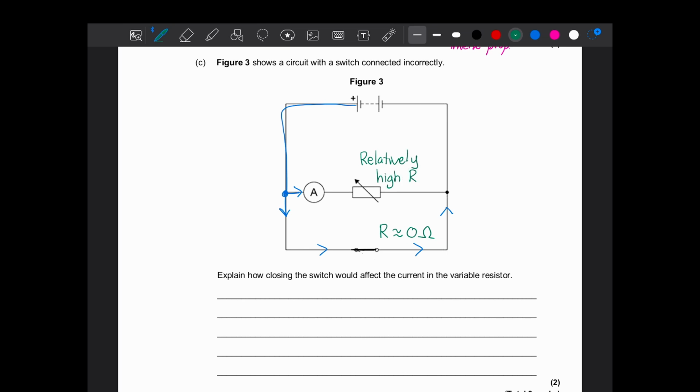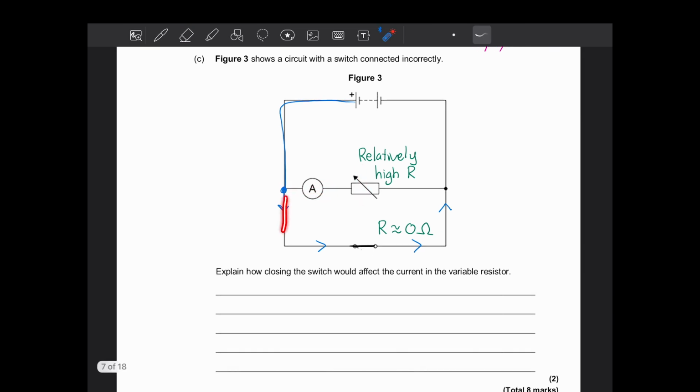The fact that this top branch with the variable resistor has a really high resistance means that current isn't going to want to flow along this upper branch. This effectively acts like a wall in comparison to this shortcut around the circuit.